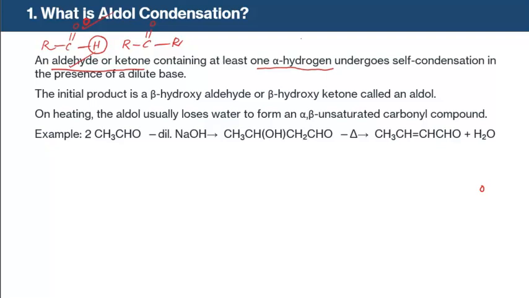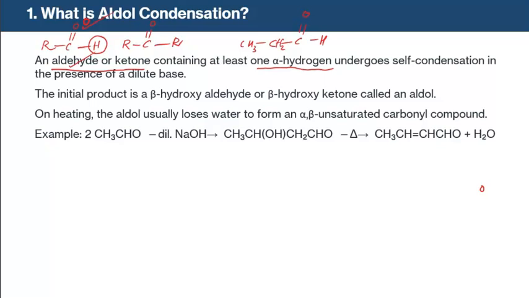Consider the carbonyl group and the next group. I just write a CH2 here, then this one is CH3 and here is H. We know that this is an aldehyde. And what is an alpha hydrogen?